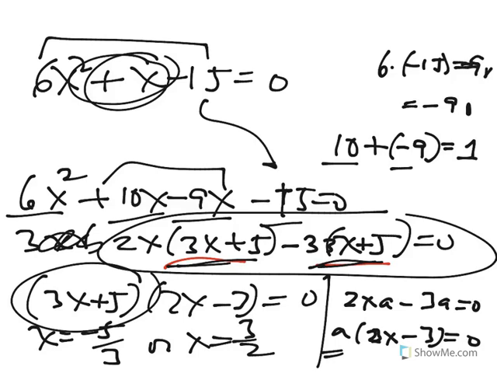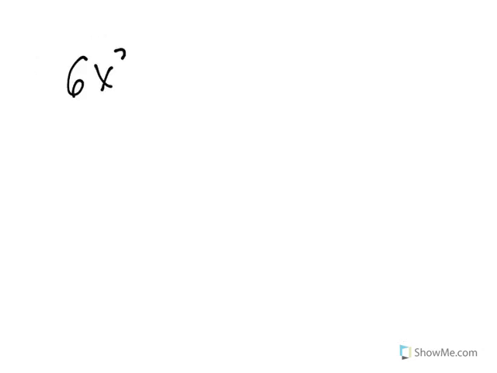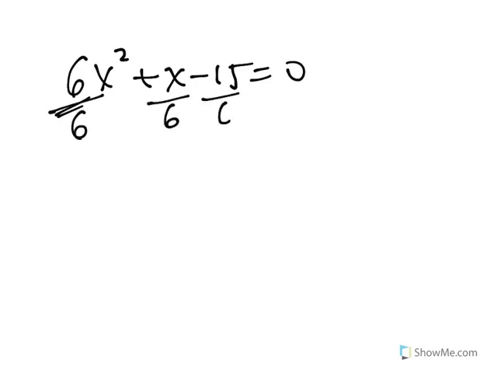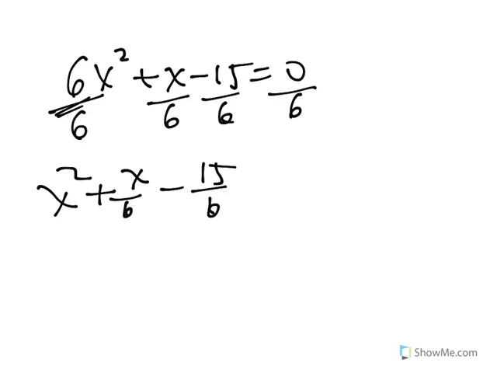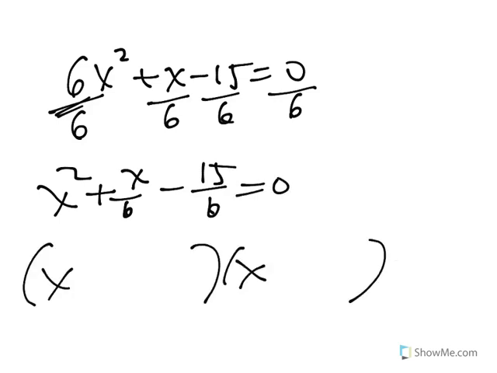A final method for solving this question, 6x squared plus x minus 15. If I don't like this 6 out here, I could divide everything by 6. Then I would get x squared plus x over 6 minus 15 over 6 equals 0. Now that looks pretty hard with the fractions, but the trick is, if these fractions are both over 6, when I do the last, I'm going to get over 36.